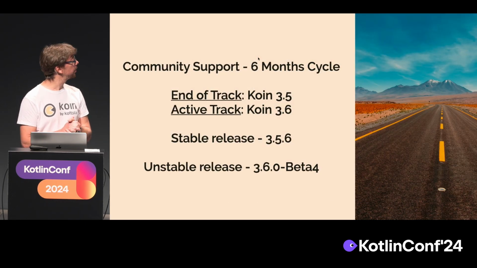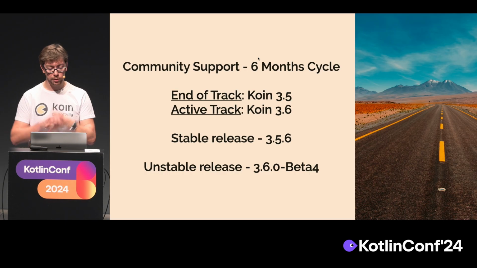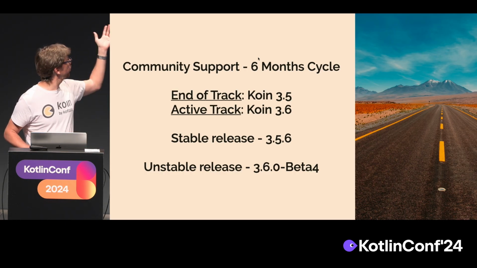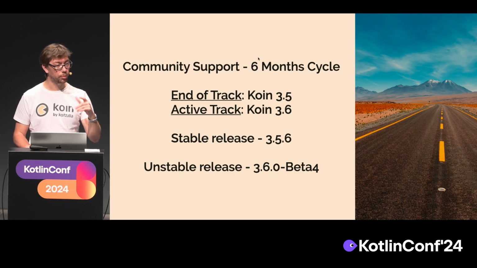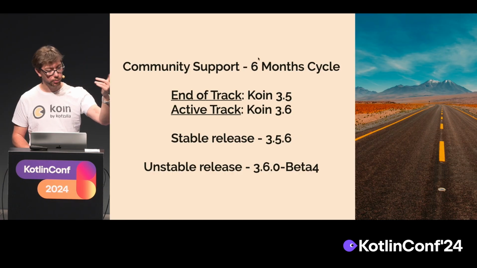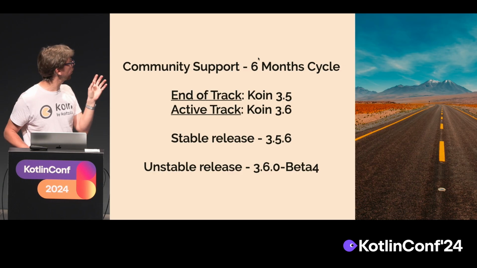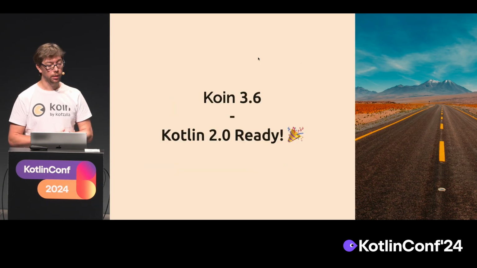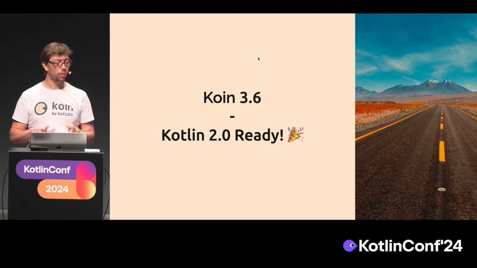In terms of releases, Koin has a six-month community release cycle, where today the last stable is 3.5.6, and the next stable version will be 3.6, but the beta is in progress. Koin is already ready for Kotlin 2.